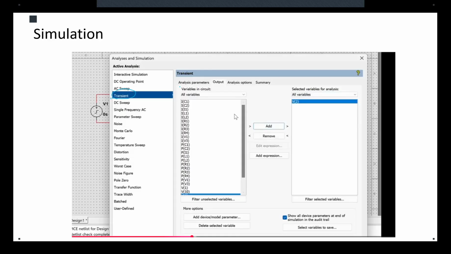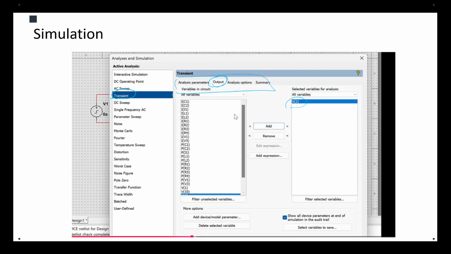You have several pages here. In the output tab, you have to add whatever value you want to measure. It could be the current of the inductor or the voltage across a resistor. There is a name for that voltage.